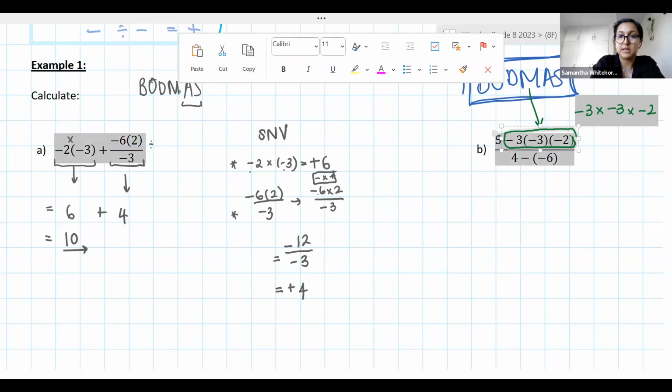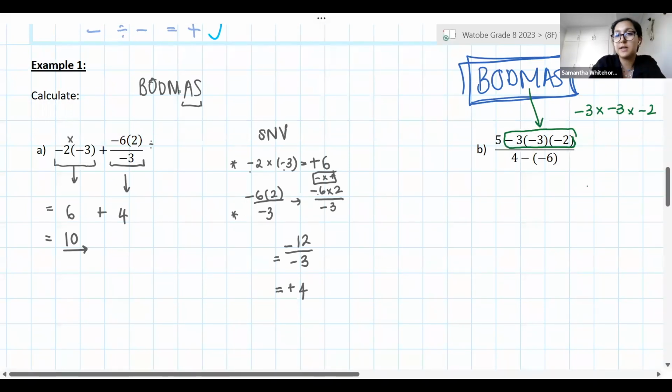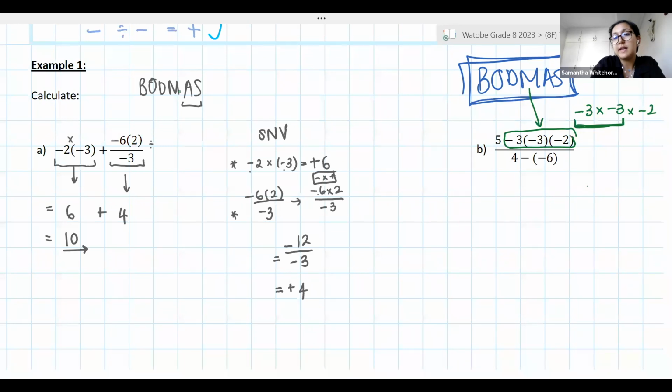It really doesn't matter. If we do it step by step, a -3 times a -3, negative times a negative is a positive, and 3 times 3 is 9. Then I still have to multiply that by -2. A positive times a negative is a negative, and 9 times 2 is 18.